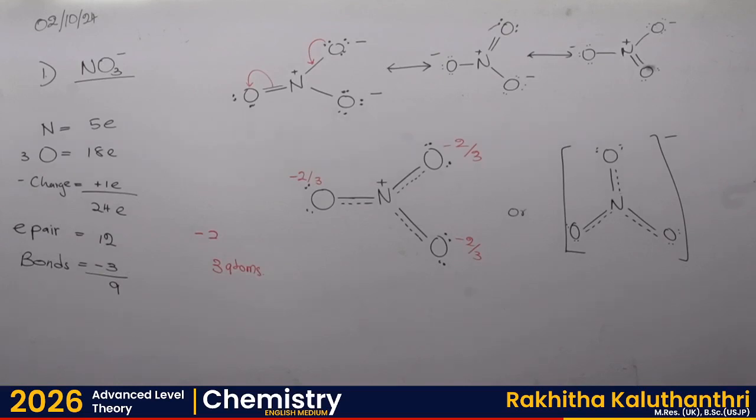They can only have 8 electrons in the outermost energy level, right? But period 3 can have 18, period 4 can have 32, so on and so forth. It increases. So any element in period 2 can't exceed 8 electrons in the outermost energy level. That's why they can't have more than 4 bonds. Okay?